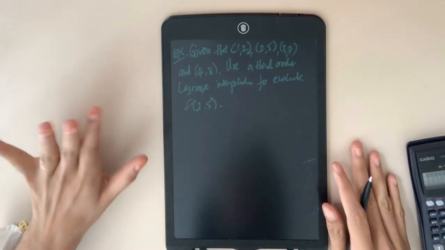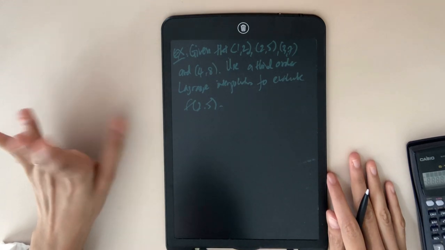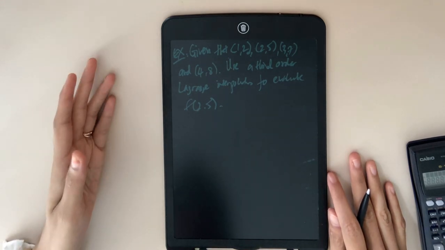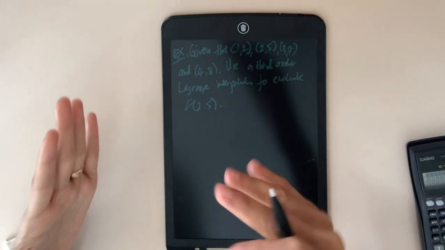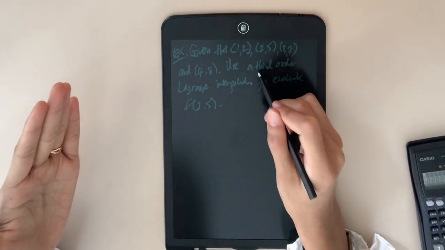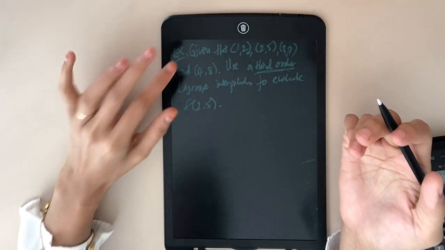The question is the same, only the number of data is different. Now you have 4 data instead of 3 just now, right? That's why I said for the third order or cubic, you must have 4 data. So it is given to you.